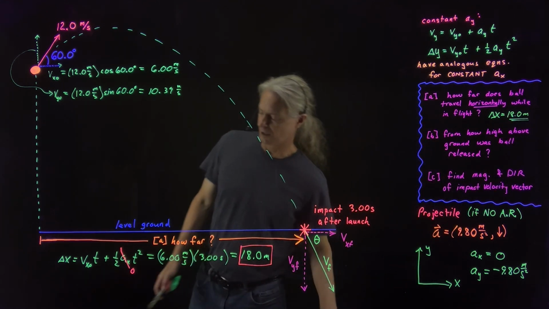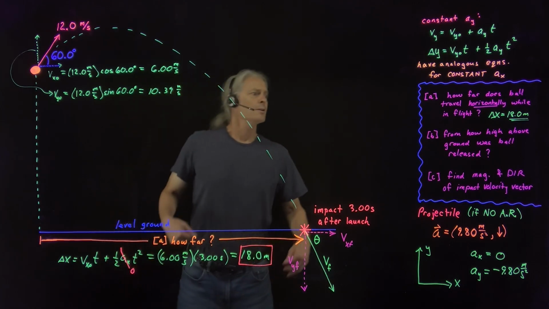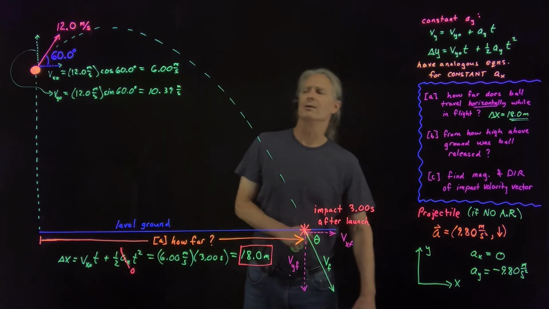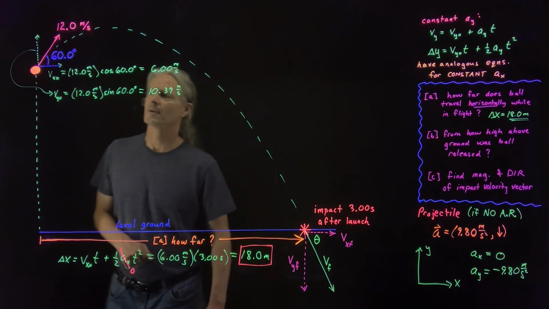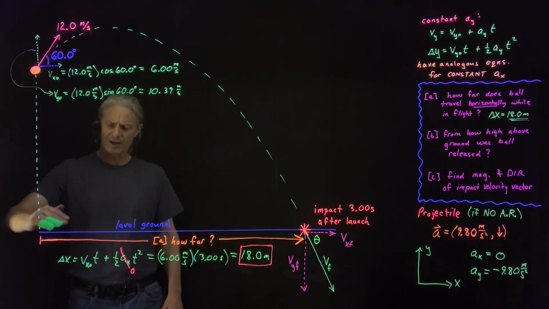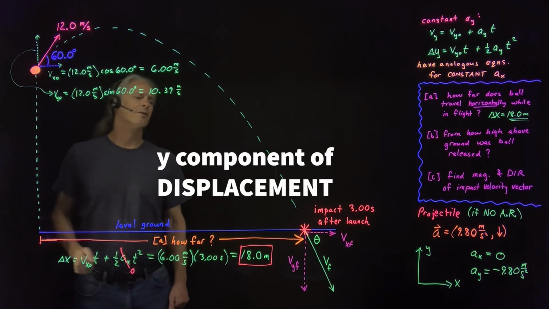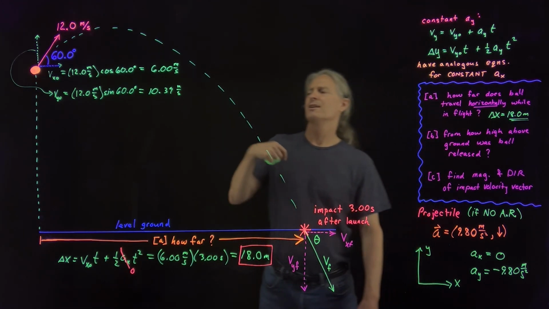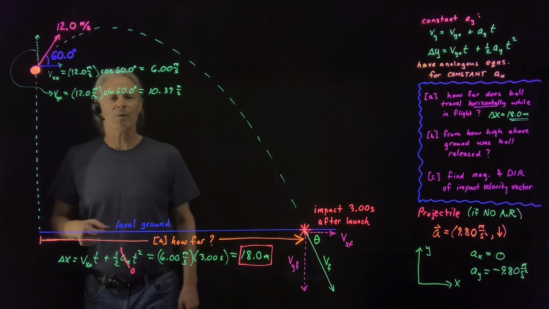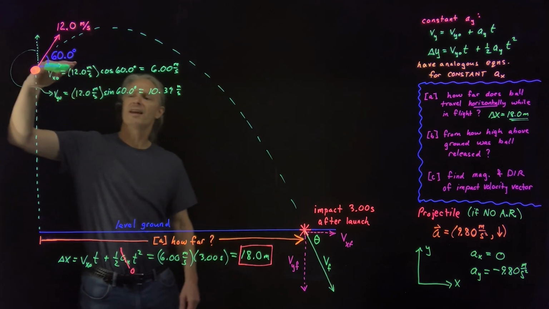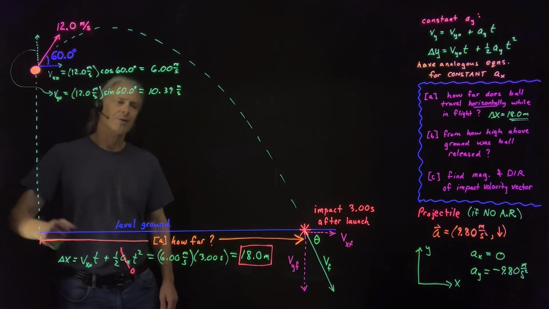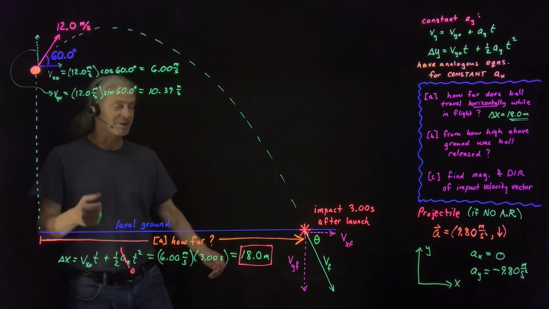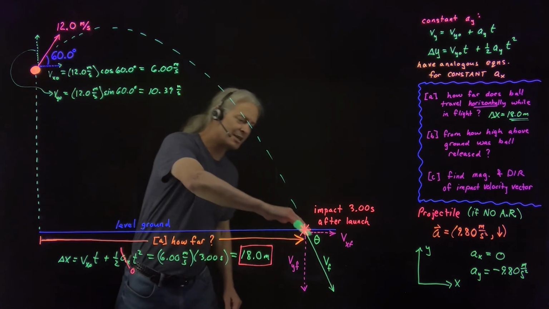Horizontally. All right, so now let's look at the next part. From how high above the ground was the ball released? Well, that's a question about the y component. Now, we can't get at this necessarily directly, but we can get at it almost directly. What we can calculate is the change in the y coordinate while the ball is in flight. The ball is in flight for 3 seconds from launch to impact.